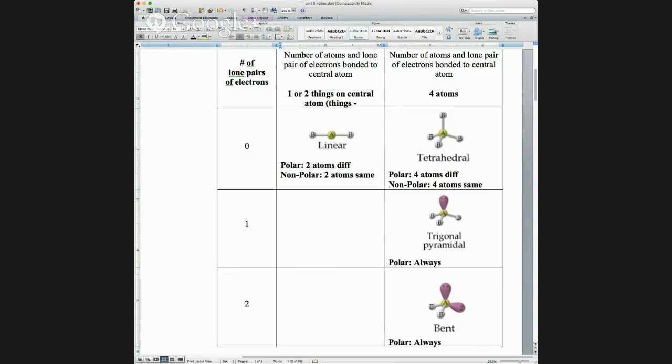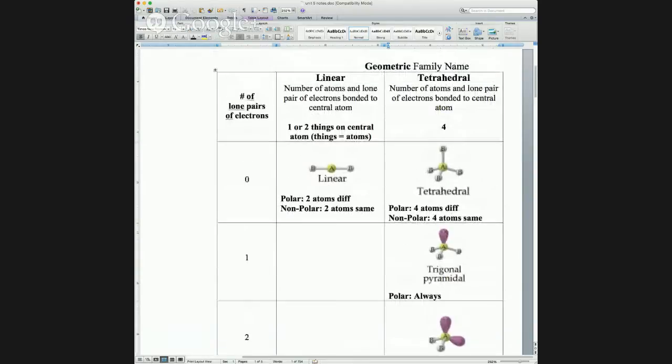And things equal, in this case, atoms. Or for the other one, this is the tetrahedral family. See the tetrahedral family? This is the linear family. This is the tetrahedral family. 4 things on central atom, and those 4 things can be things equal to atoms or lone pairs.